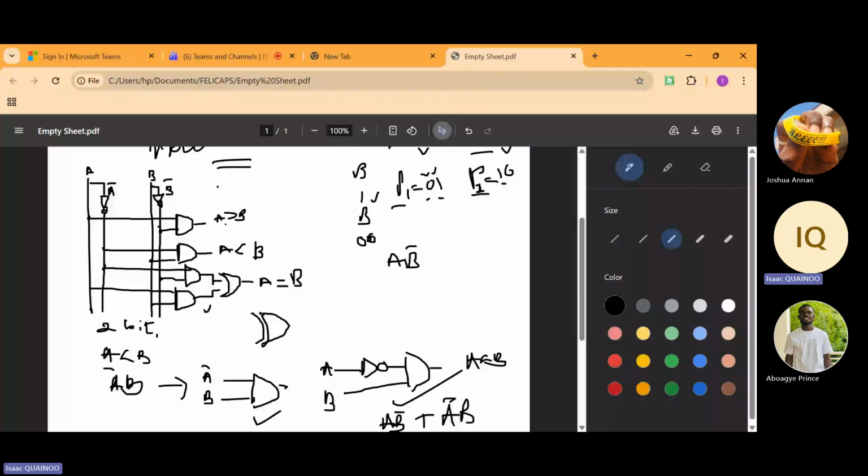So you would have had A XNOR B. And this right here would have also been A equals B. Okay. So when we started, I stated that equality, that's A equals B, can always be implemented using XNOR gates, because XNOR gates are considered as universal comparators.